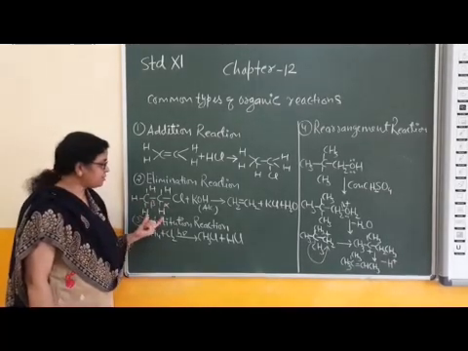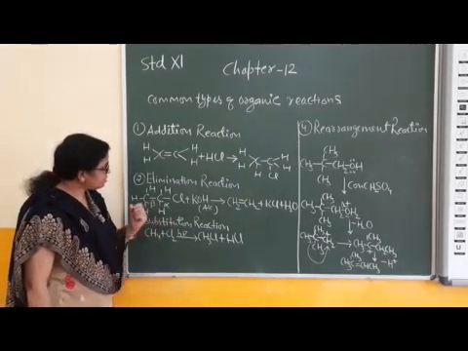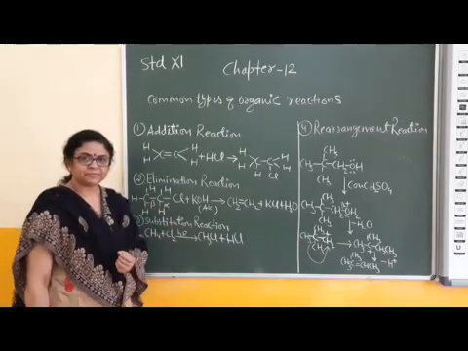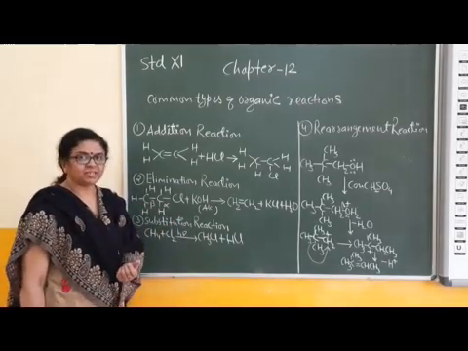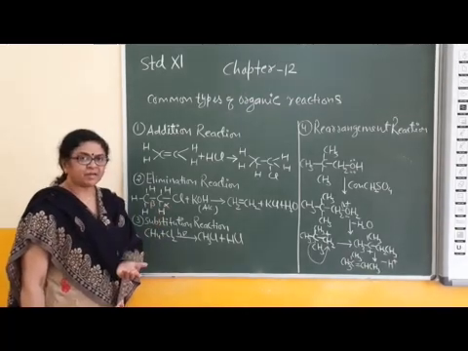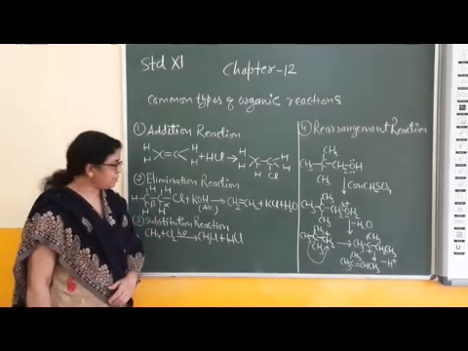Simultaneous elimination of halogen and hydrogen. This elimination reaction is also known as dehydrohalogenation or beta elimination. Elimination of alpha hydrogen is alpha elimination and elimination of beta hydrogen is beta elimination.